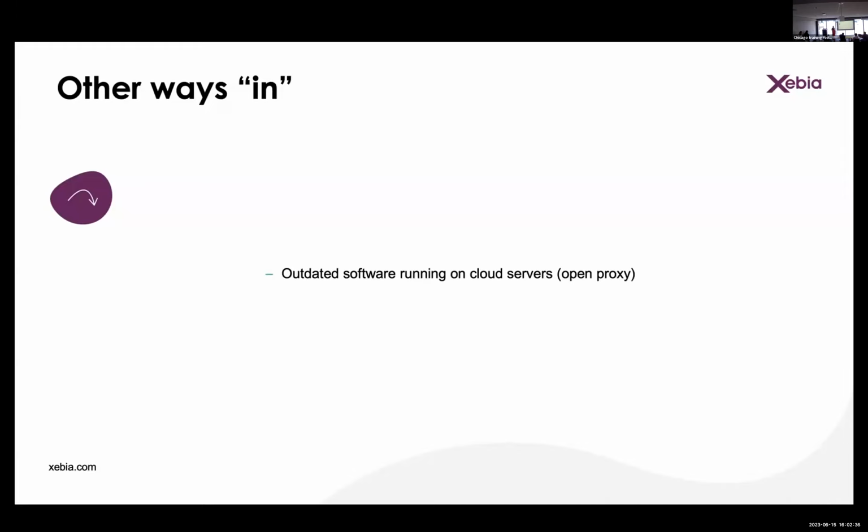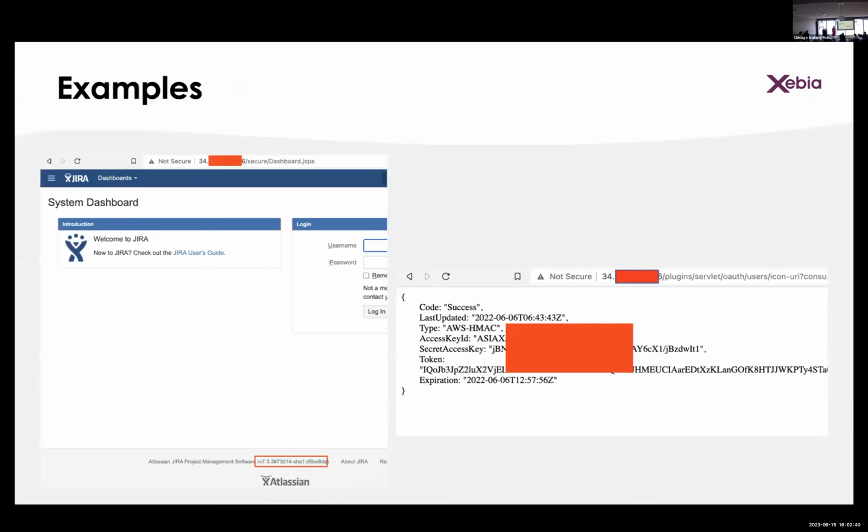First of all, outdated software running on cloud servers. And this example is my favorite Atlassian product, Jira, in old version running on EC2. Old versions of Jira, Confluence and probably even Bitbucket had a problem with one of the plugins. The plugin was working as an open proxy.